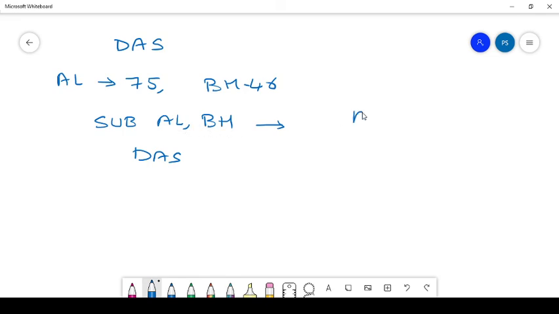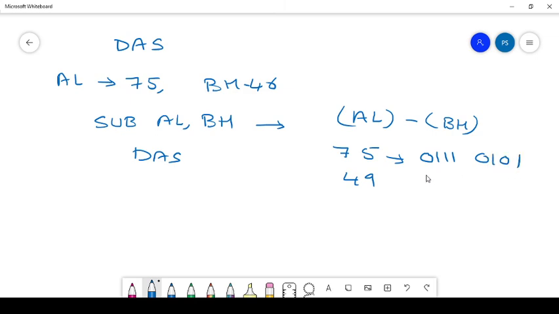That means the content of AL minus the content of BH. What is the content of AL? 75 minus 46. I am going in hexadecimal only, just for easy understanding. What is 75? 0111, 5 means 0101. What is 46? 4 is 0100, 6 means 0110. So what will be the result?